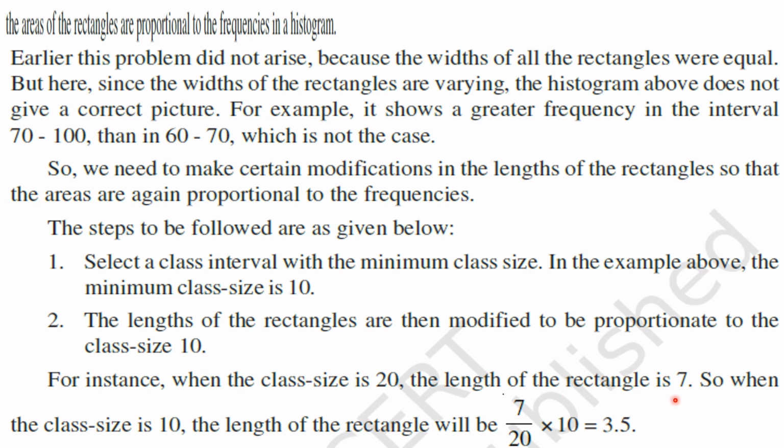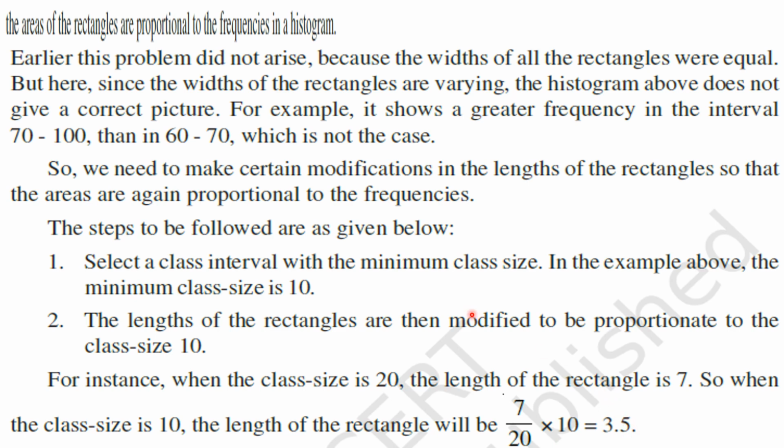In that case, we have to modify. Then with class size 10, the length of the rectangle will be 7 by 20 into 10, that is equal to 3.5. So this is the modified length of the rectangle. Understood this point, my children?